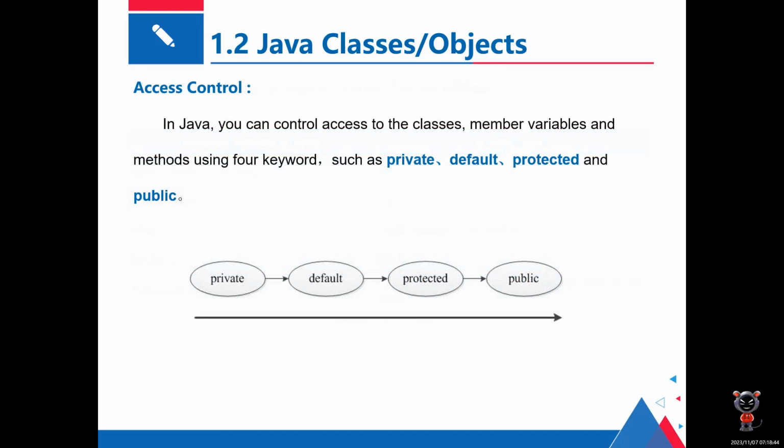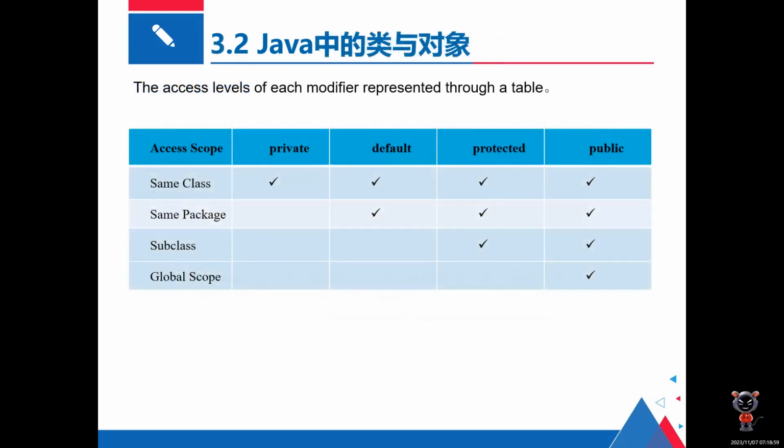We can also restrict the access control of variables, functions, and classes in Java using 4 types of access control, which are private, default, protected, and public. Each modifier has a different access scope. For example, if a member variable or member method is private, it can only be accessed within the class itself.